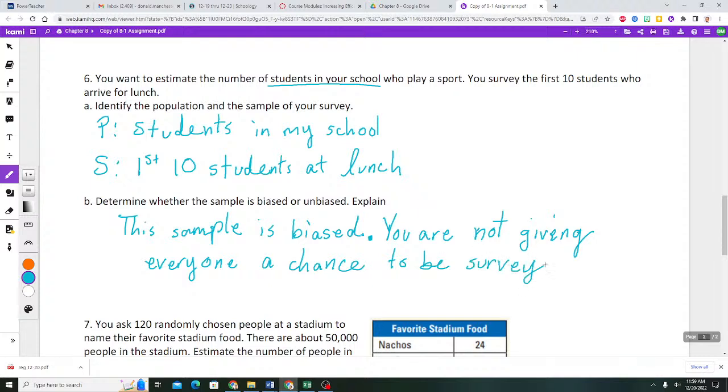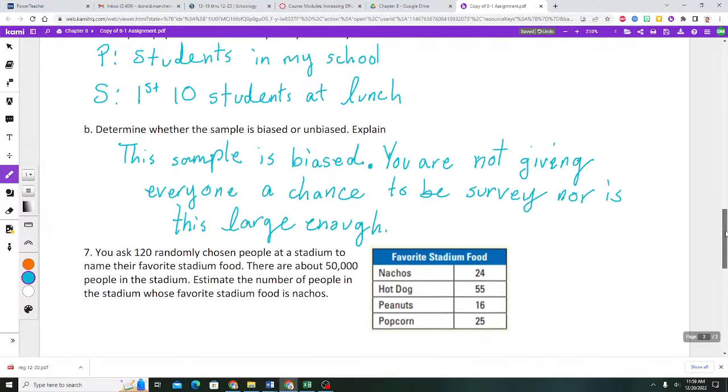And I would also argue that nor is this large enough. Some of you know that some kids run to lunch, and some kids purposely try to be late to lunch. So it's just not a fair survey.